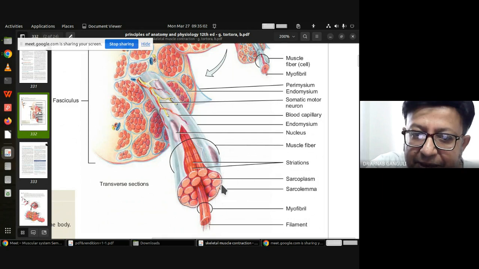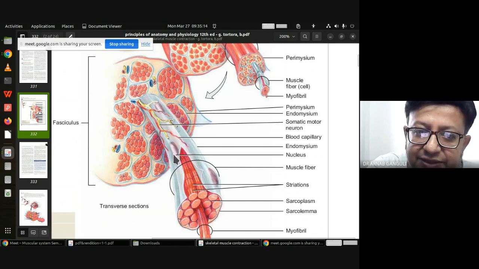And the membrane, instead of plasma membrane, is known as sarcolemma. And you have these little filaments present, and these are the nucleus present over here. So you can see that inside one, we have several small little things coming out. And this is known as one fasciculus.